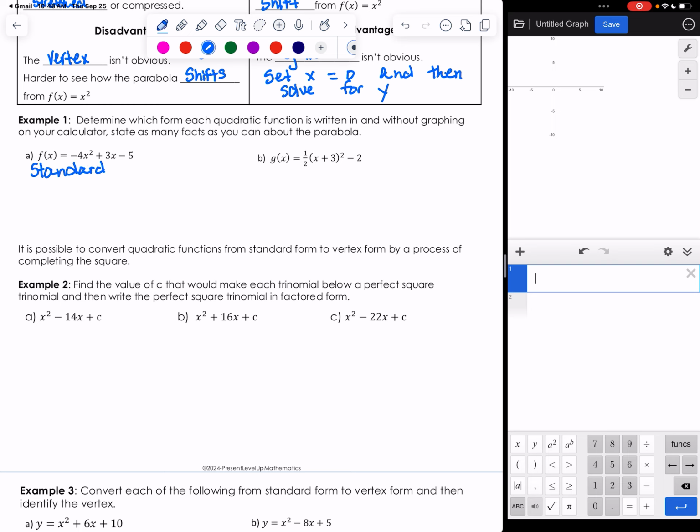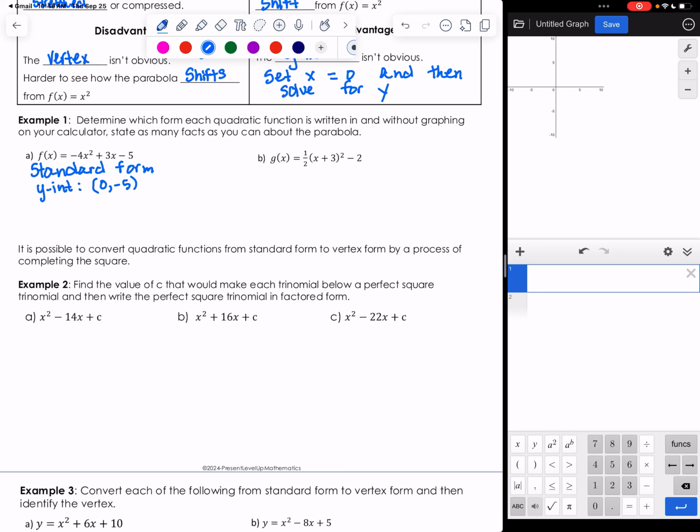And let's talk about what is very obvious to us when something is in standard form. Right away, I can identify the y-intercept because it's just the value of c. So 0, negative 5. So I right away know where that graph is going to touch the y-axis.